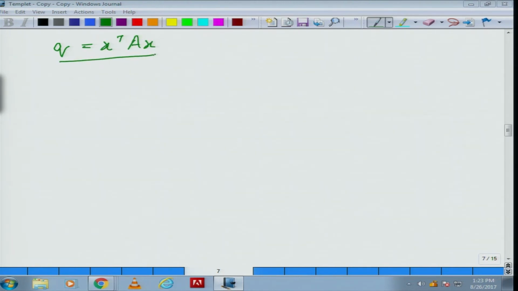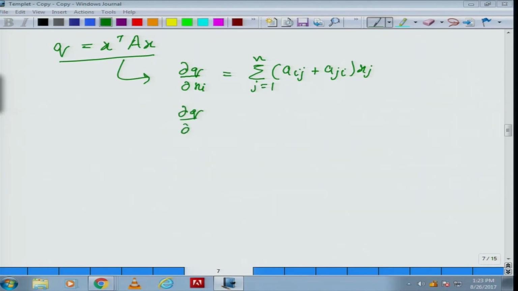Now, as done in the previous part of this problem, if you follow similar steps, you will get del Q by del Xi to be equal to the sum of Aij plus Aji times Xj, where j goes from 1 to n, and further the gradient del Q by del X is found out to be A plus A transpose into X. You just have to follow the steps sequentially, and you will find it very easily.